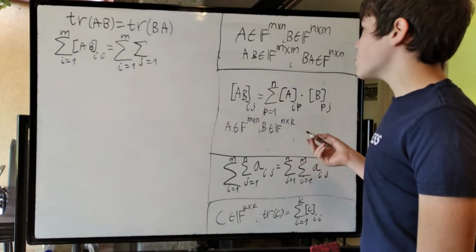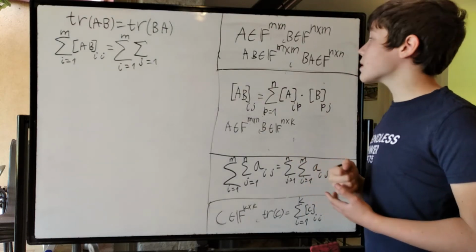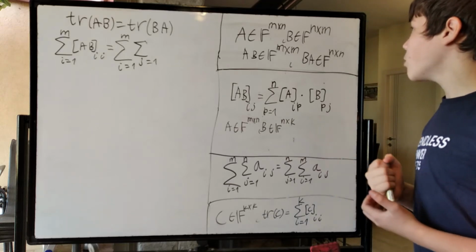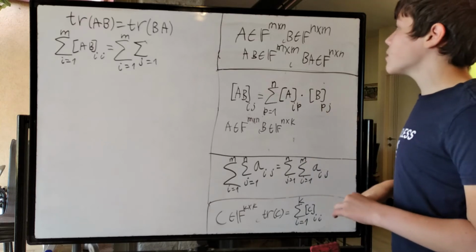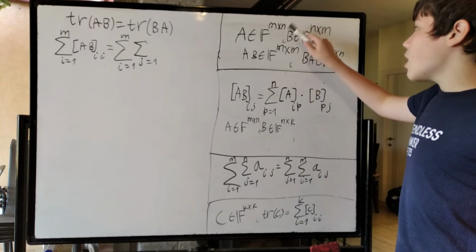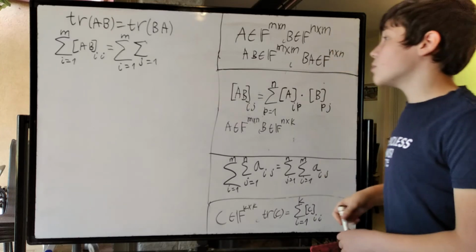So to what parameter does it go in our case? Well, you can see that it goes to the amount of columns in A, which also is the amount of rows in B, which is n.